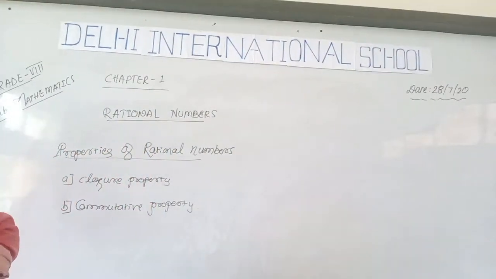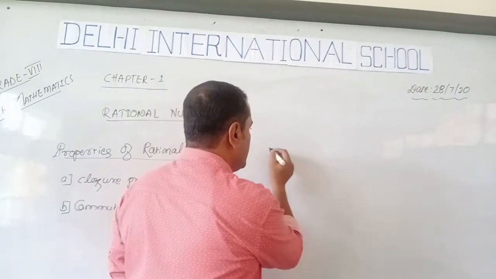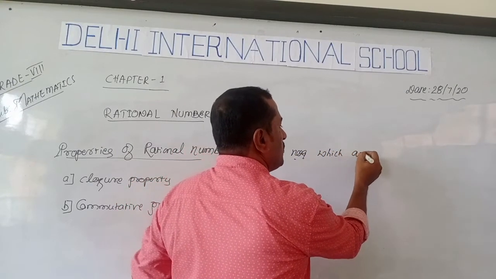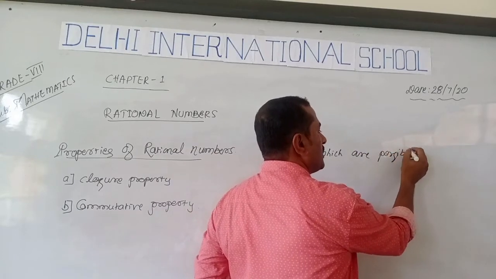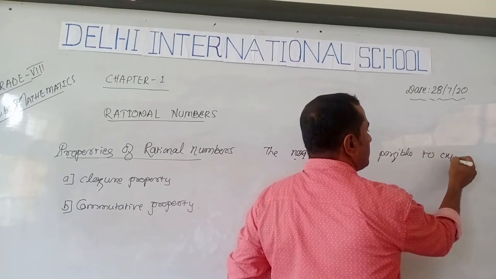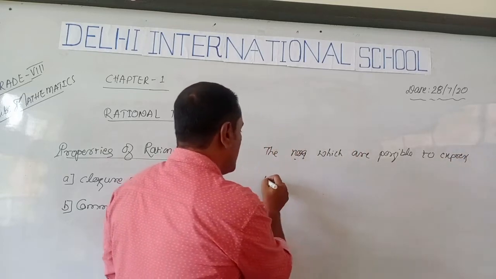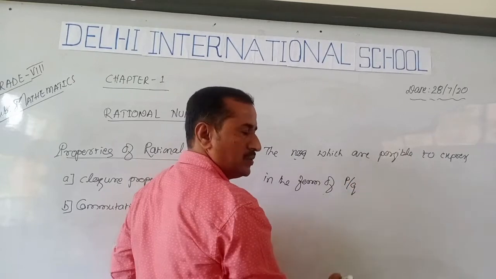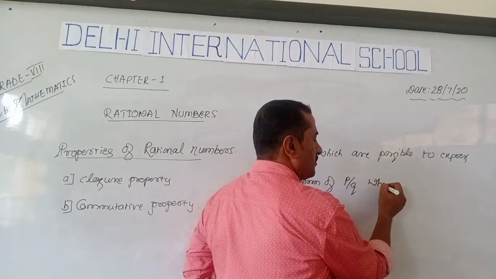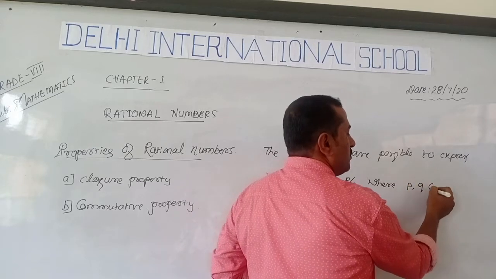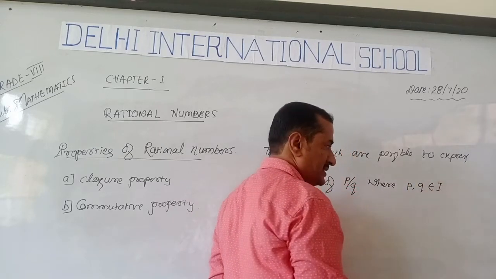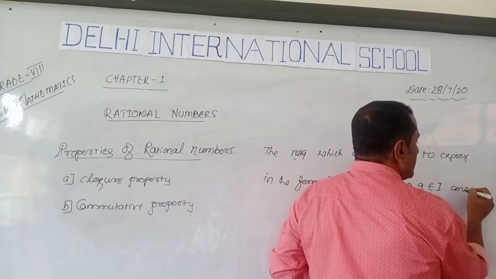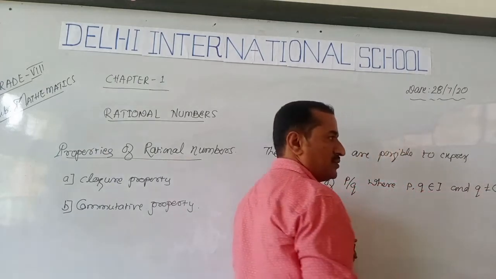The numbers which are possible to express in the form of p by q, where p, q belong to I. That is, p and q should be integers, where q should not be equal to 0.